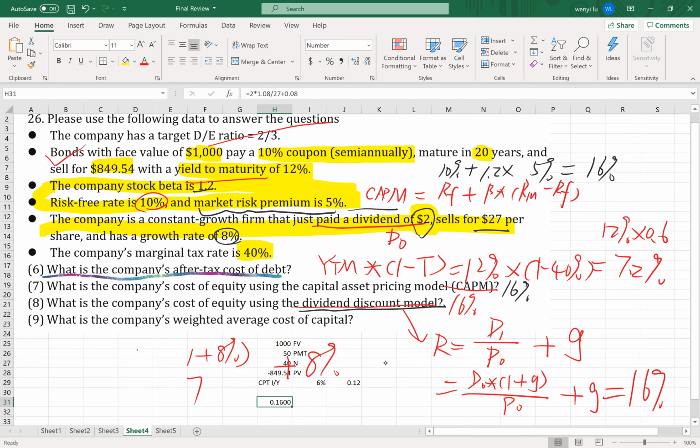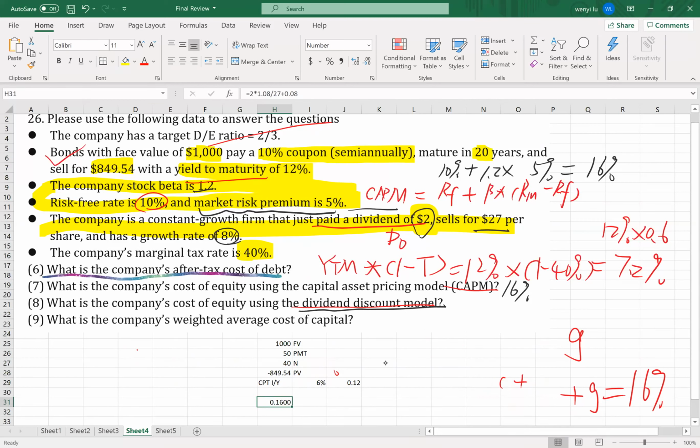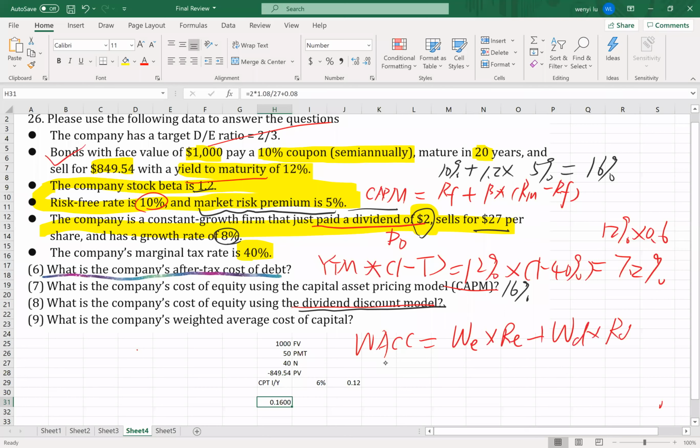Last one, we will solve the cost of capital for the whole company. So you want to pull both debt and equity into these calculations. Use our WACC formula, weighted average cost of capital, equal to the weight of equity times the cost of equity, plus the weight of debt times the cost of debt after tax.